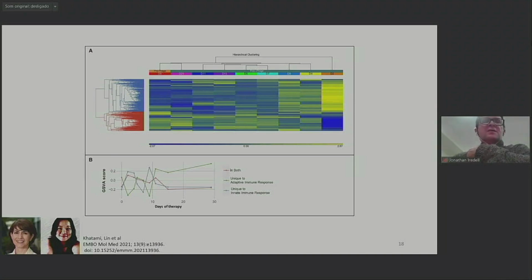So in this slide, we see a single patient. Their human transcriptome is represented in panel A, and you can see that there are some genes that are thought to be related to the adaptive immune response, and some that are related to the innate immune response that are differentially regulated over time, so that we see quite a distinction between the pre-phage on the left-hand side of the top panel and the later days.